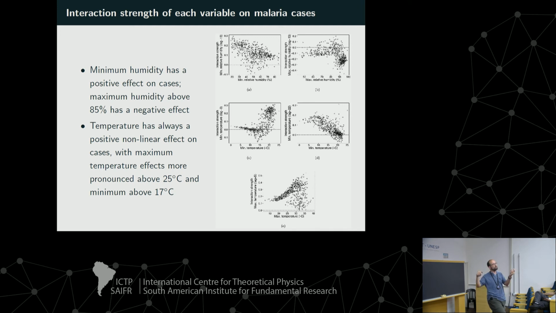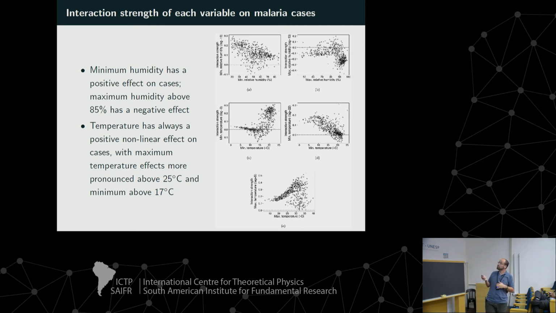In this other point here, I'm using a stronger weight for humidity than temperature. So for each point in your time series, you associate a weight in your weighted average to each variable, to each causal variable. Is that clear? Yeah? So this is kind of an interaction strength, right?